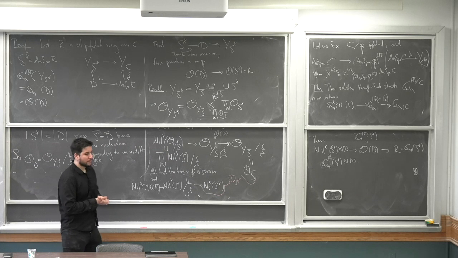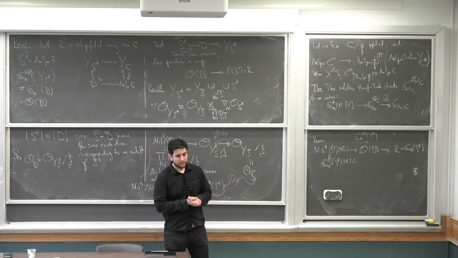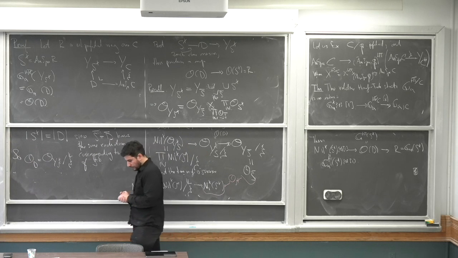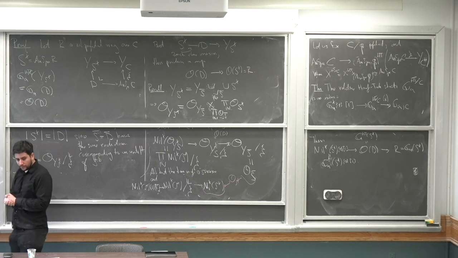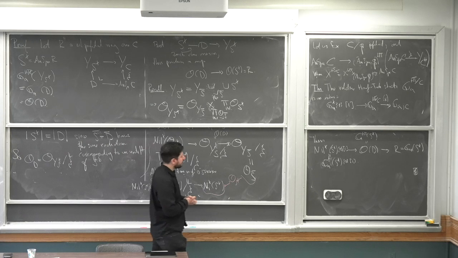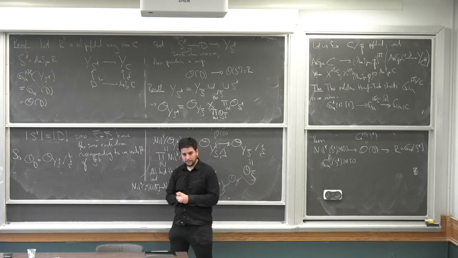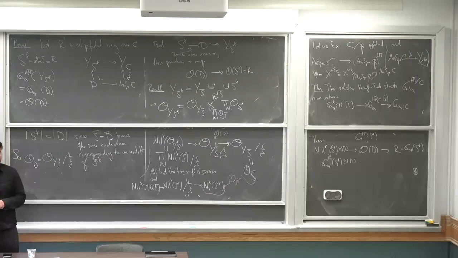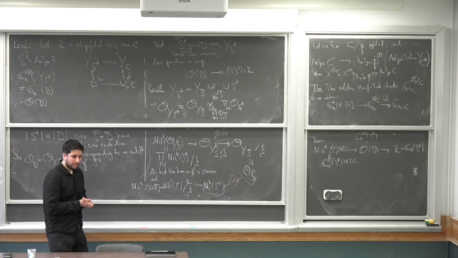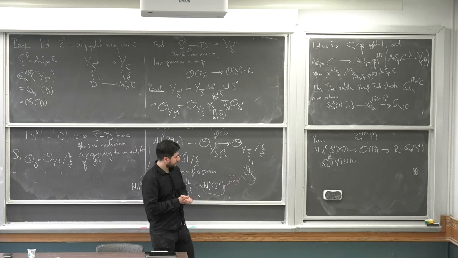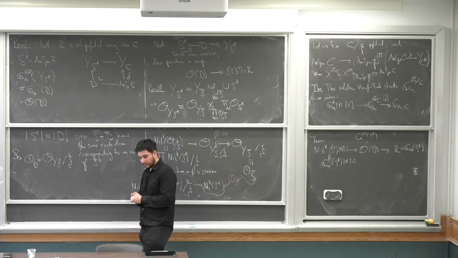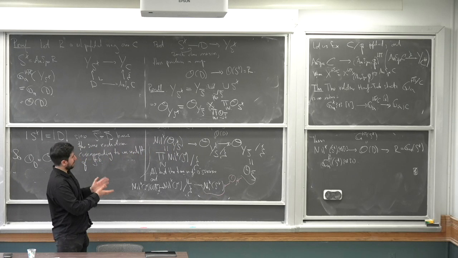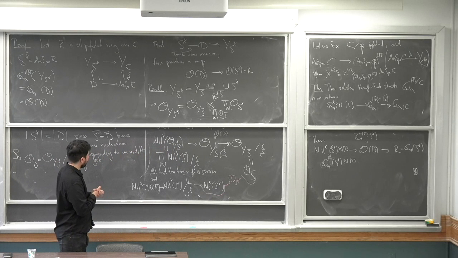This should be a parallel statement, and here one would like to have a similar description. Probably somebody has this as the cone of an explicit map. But in this relative setting, at least I don't know.